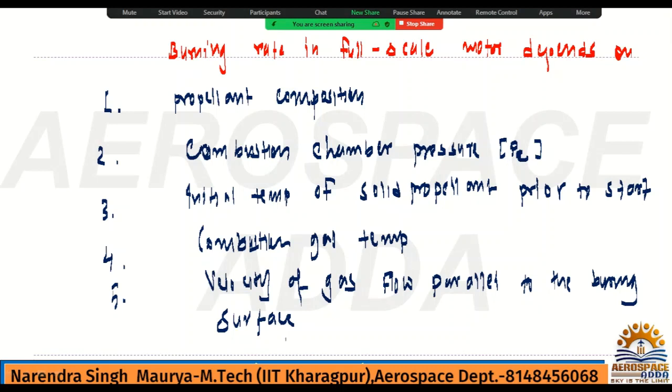That means you will not have a derivation, but through multiple experiments you develop one relation between pressure and burning rate. That's why it is called an empirical relationship: this is not a derived formula.